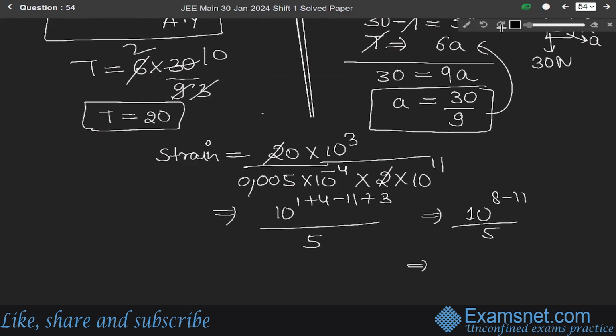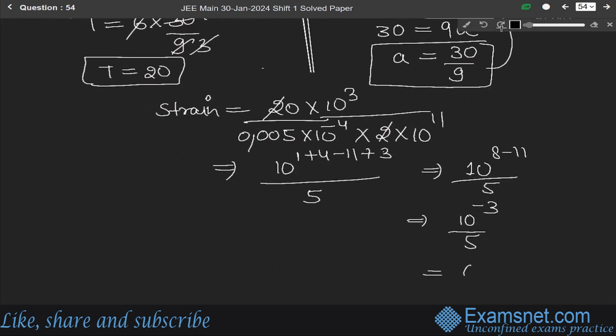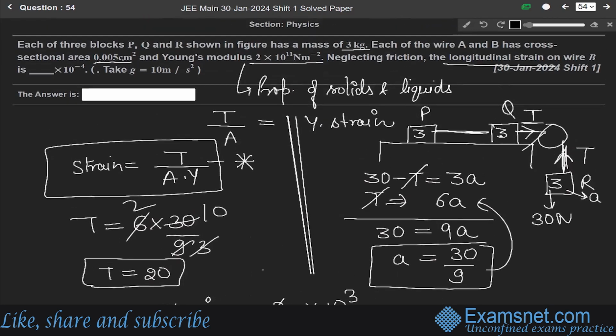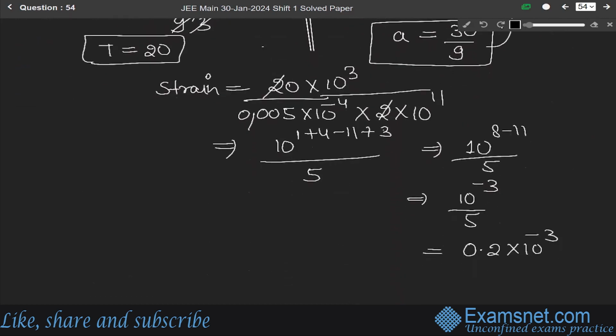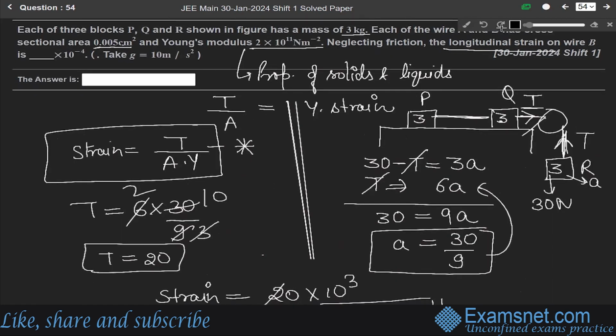So it will be 10 to the power minus 3 over 5, which means 0.2 into 10 to the power minus 3. So this strain will be 0.2 into 10 to the power minus 3, which means 20 into 10 to the power minus 4.